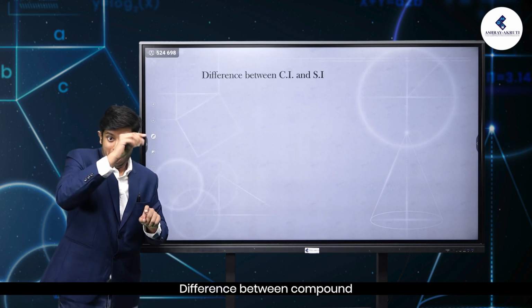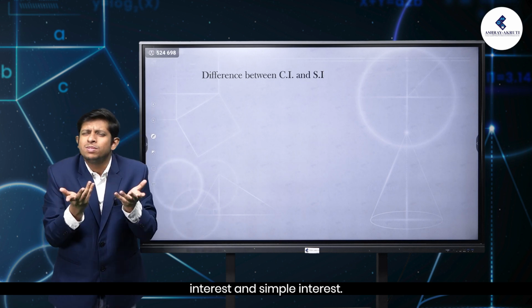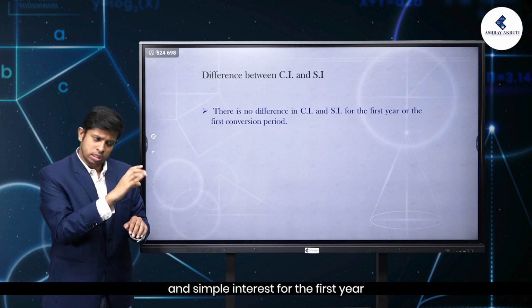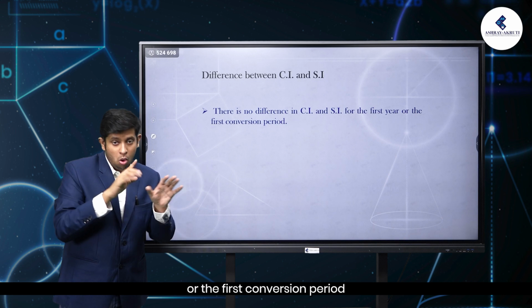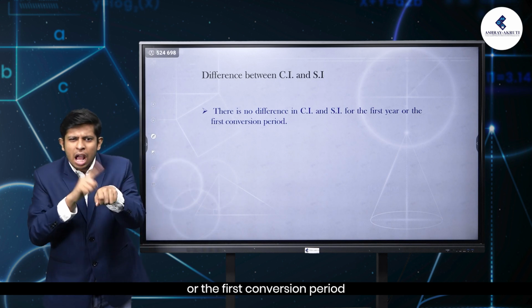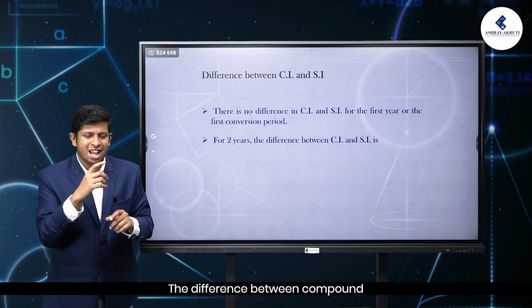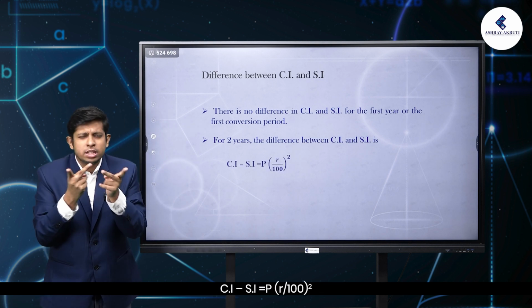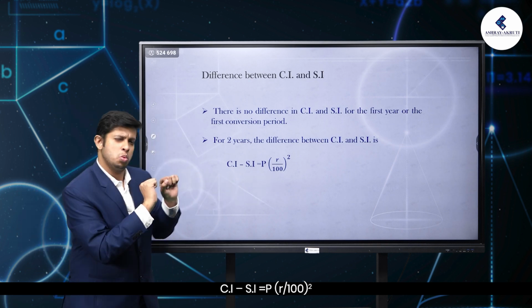Difference between compound interest and simple interest. There is no difference in compound interest and simple interest for the first year or the first conversion period. For 2 years, the difference between compound interest and simple interest is CI minus SI is equal to P into R by 100 whole square.